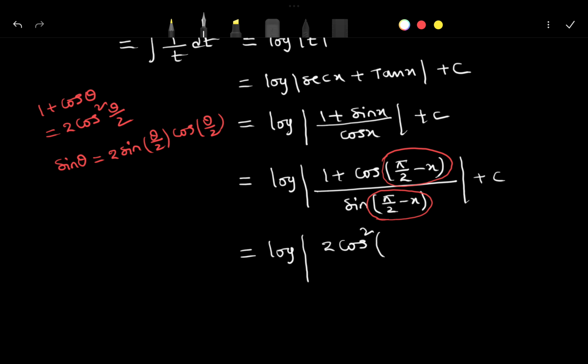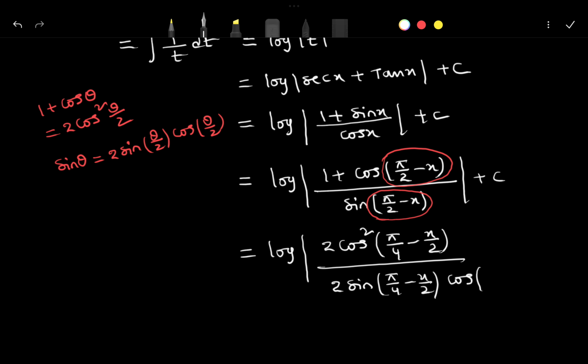Theta by 2 means if you divide pi by 2 minus x by 2, it becomes pi by 4 minus x by 2, whole divided by the denominator value 2 into sin of pi by 4 minus x by 2 into cos of pi by 4 minus x by 2, plus c.